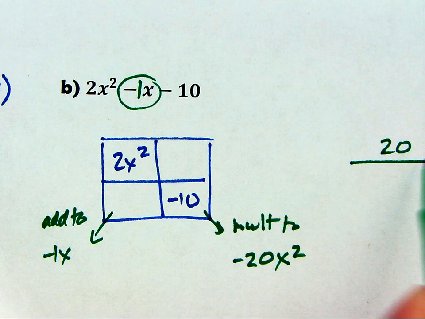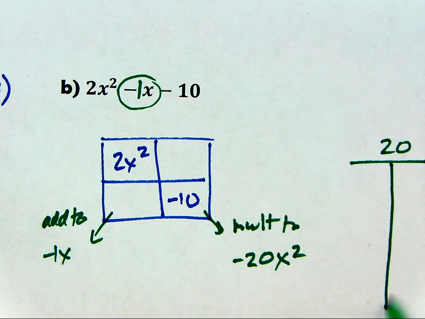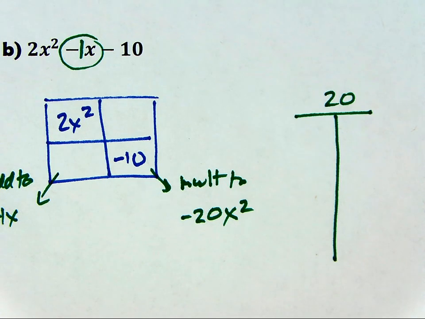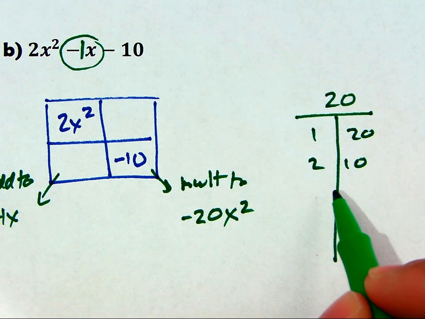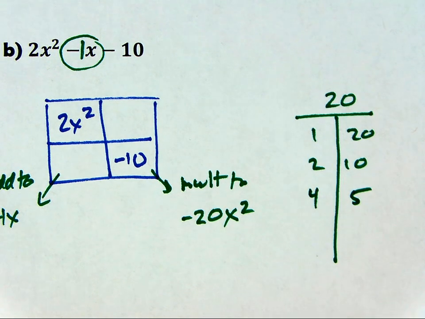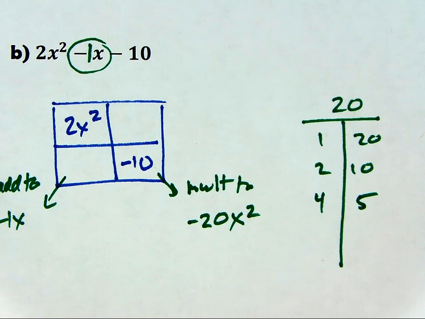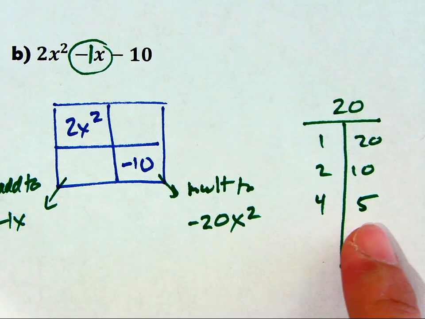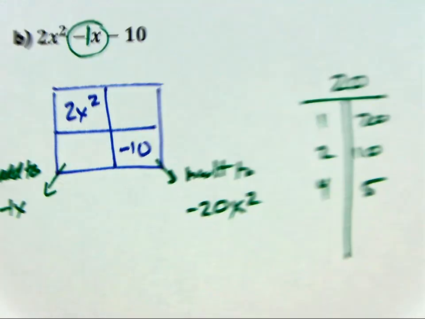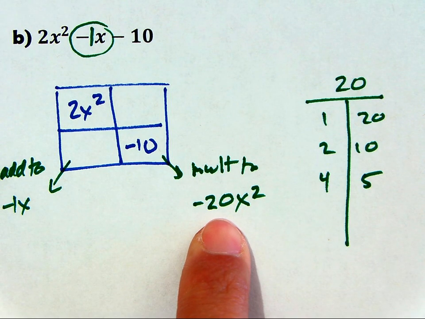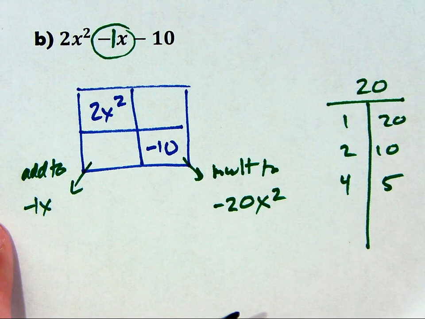Okay, so what are all the pairs of numbers whose product is 20? Well, 1 and 20, 2 and 10, and 4 and 5. Okay. And so now I can start looking at just these pairs of numbers and trying to include negative signs in a way so that it multiplies to negative 20 and adds to negative 1.